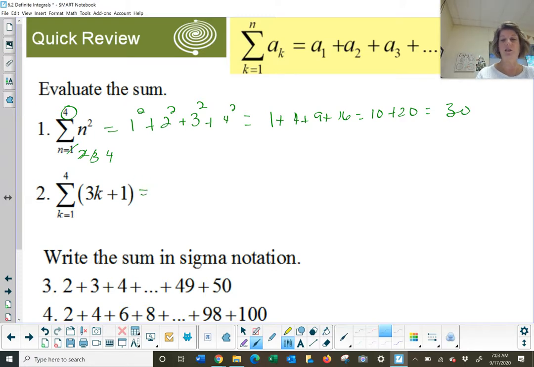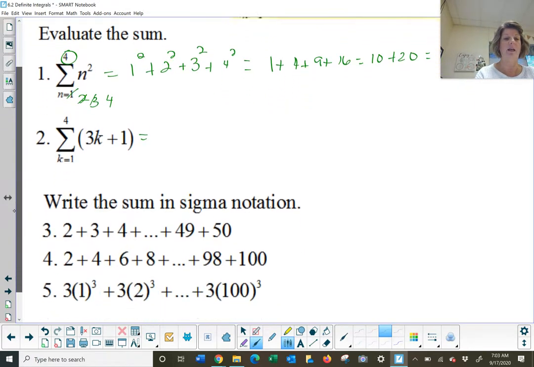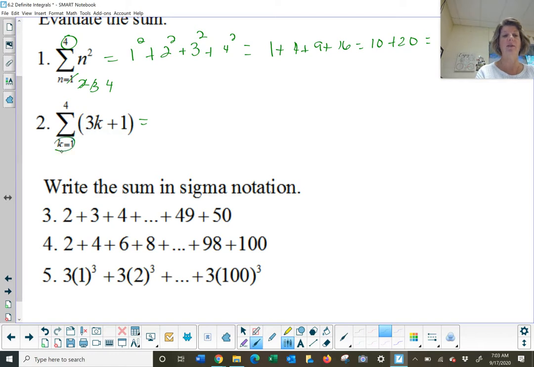Next one, let's just do a listing again. There's only going to be 4 terms. This time they're using k as their index. That doesn't make it any harder, just using a different variable. So we start with k being 1. We have 3 times 1 is 3 plus 1 gives us 4. Added with, now k steps to 2. 2 times 3 is 6. 6 plus 1 gives us 7.